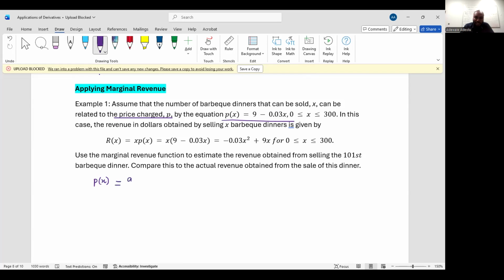So the price is 9 minus 0.03x. So the number of barbecue dinners is between 0 and 300. We cannot produce infinitely many barbecue dinners.